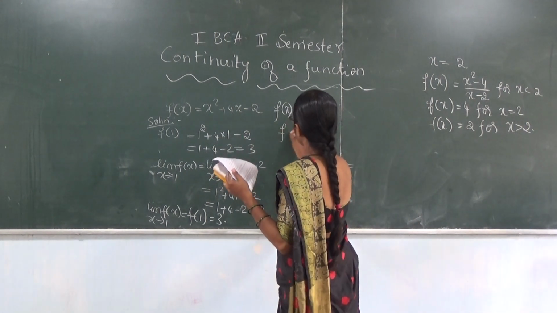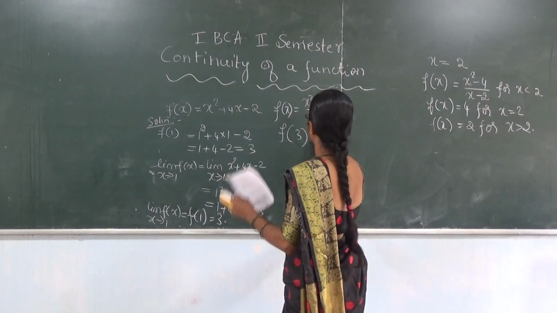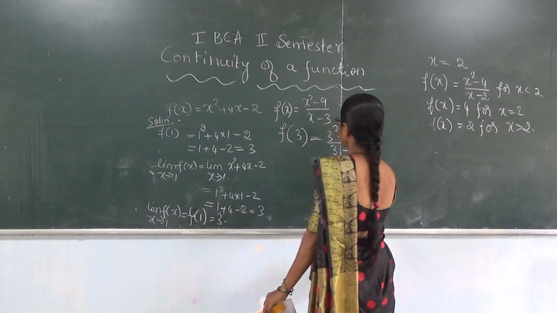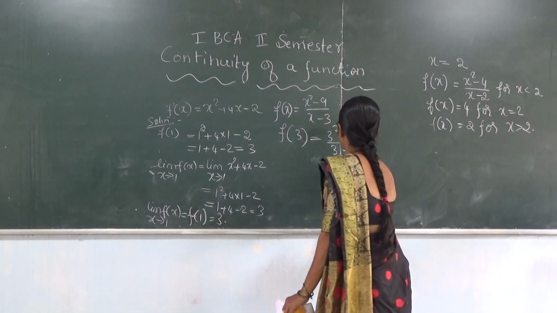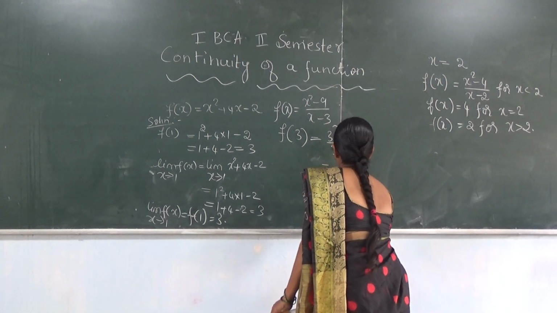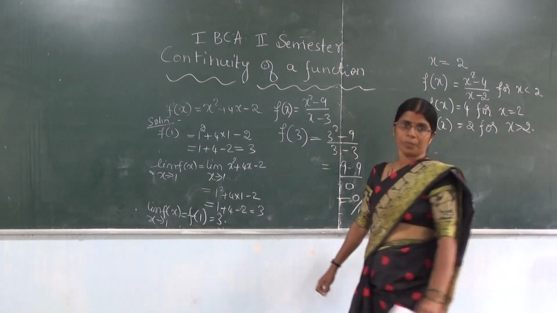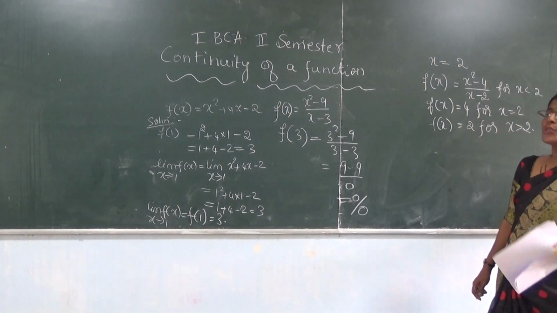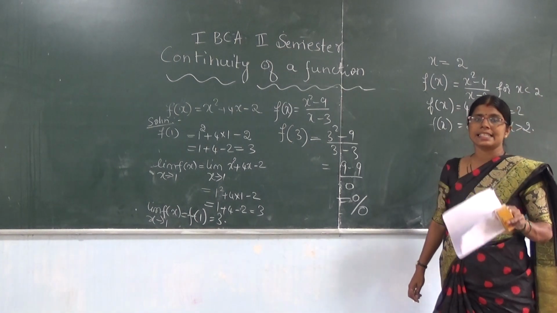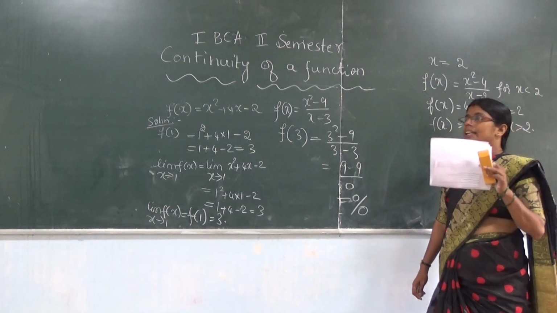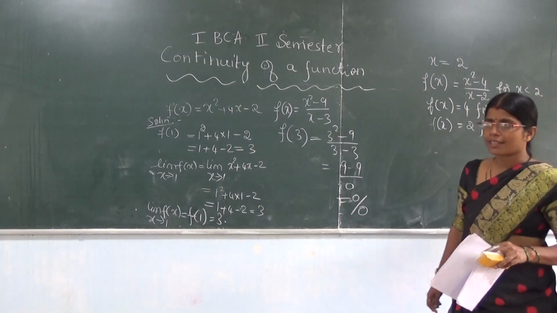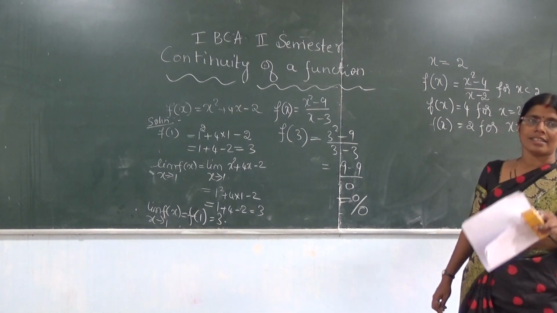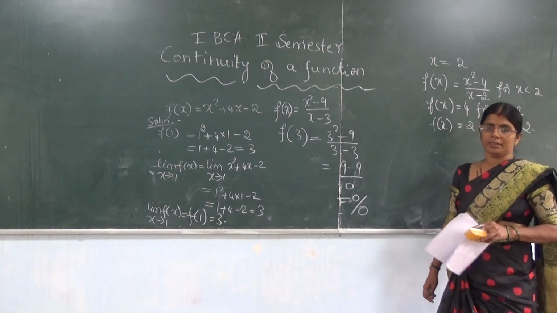So f of 3 we consider, that is 3 square minus 9 over 3 minus 3. That is 9 minus 9 by 0, 0 by 0. This number is indefinite. So f of 3 does not exist. Hence, we say that f of x is discontinuous at x is equal to 3.